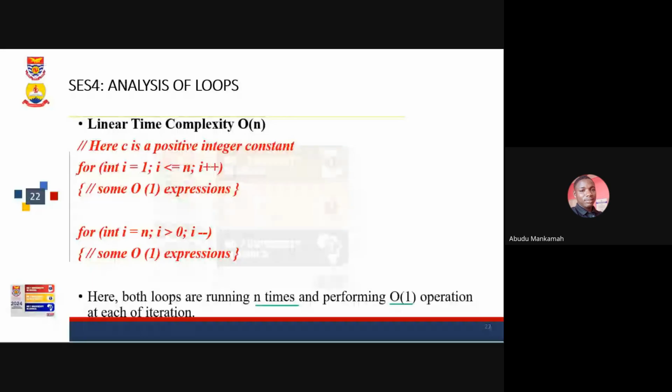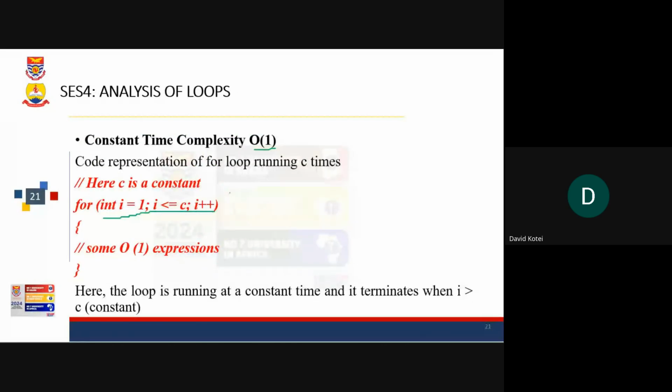David: Yes, sir. I believe that the confusion is in the first one you just presented, because they are all similar. Comparing it to the constant. I'm still on the linear.